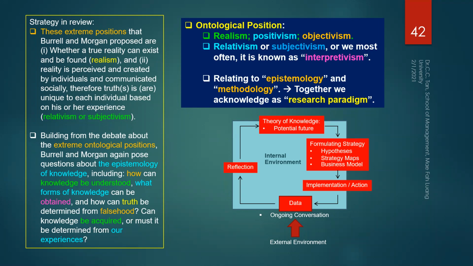So integrating the ontological reality and the way we deal with the reality, the epistemological sense, it also relates to methodology, whether you want to use experimentation or observation or whatever. Integrating all these ontological, epistemological and methodological issues, we call research paradigms.